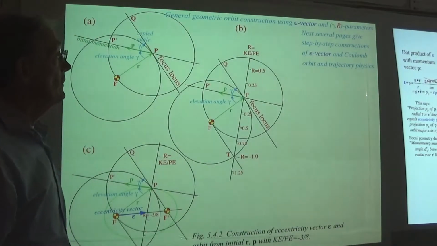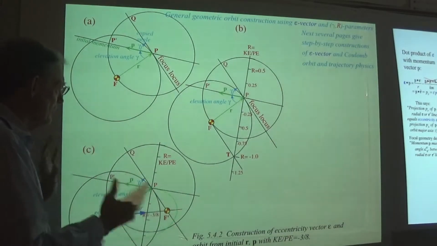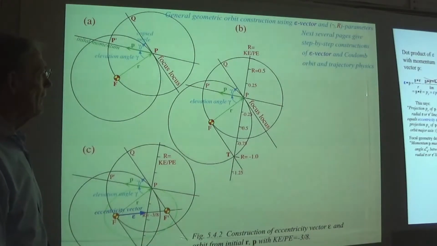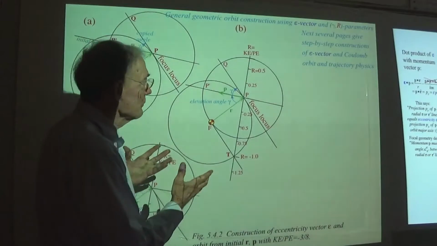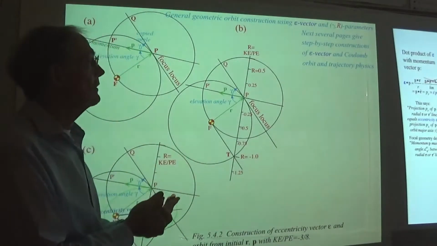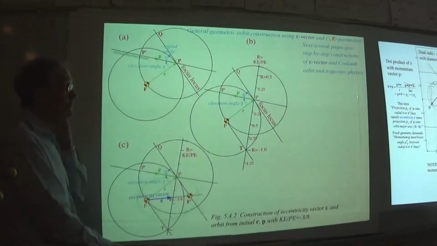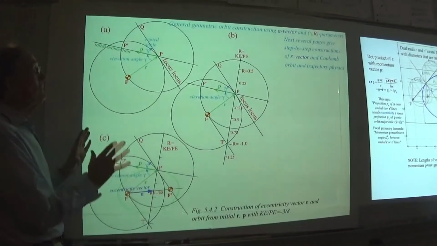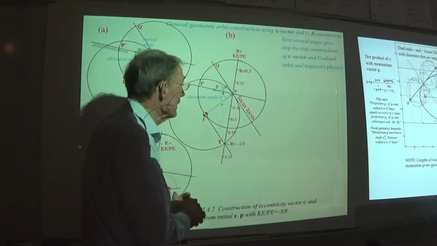Now, this is the pièce de résistance, the resistance of this lecture. It's the cool part, I think. This is a geometrical construction using the epsilon vector that allows you to, with a few steps of ruler and compass stroking, draw any orbit at all, any Coulomb orbit at all.